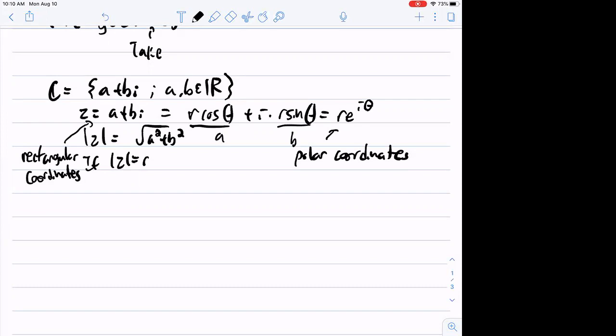Rectangular is like just a picture, right? If this is your x-axis, y-axis sort of, this has a and this is b. So this is the imaginary axis, I think that's better, and then the real axis. So a plus bi is this point.